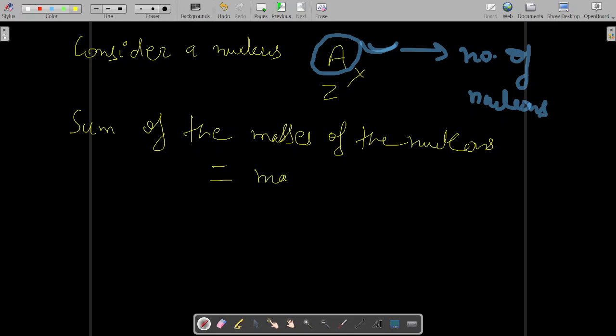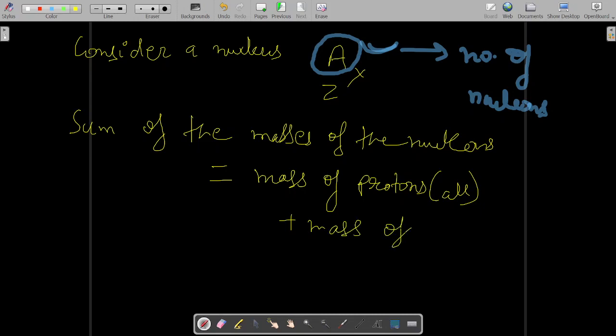Mass of all protons plus mass of all neutrons.